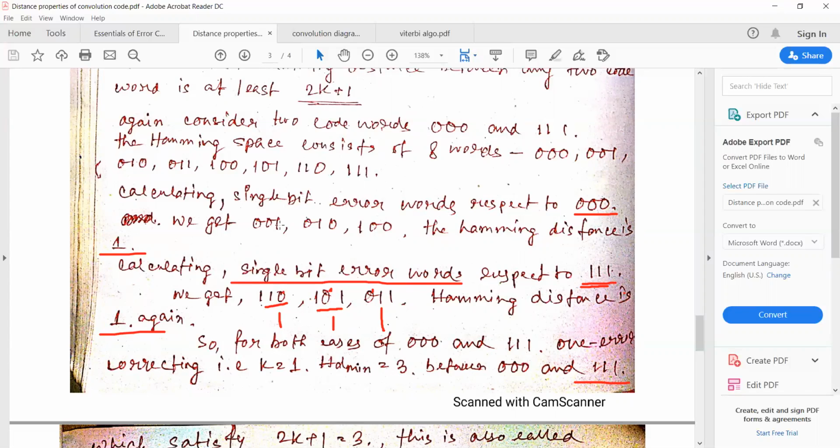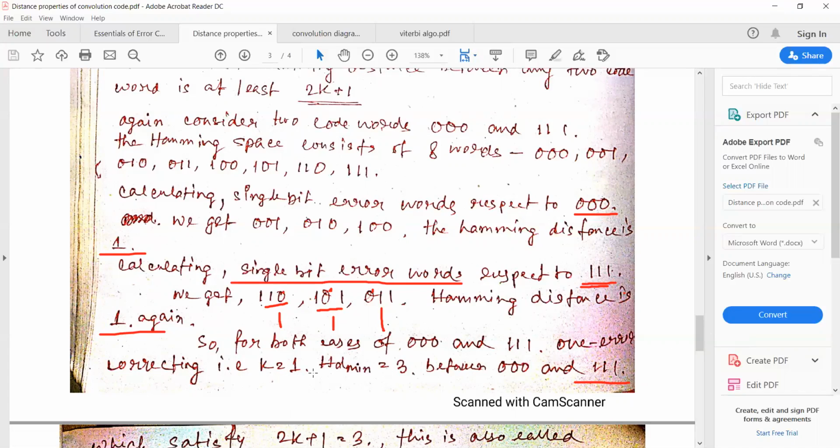That means if I flip only one bit, then we will get the original bit sequence 000. From this also, if I flip only one bit, we can get the original 111. So that's why this is called one bit error correcting.